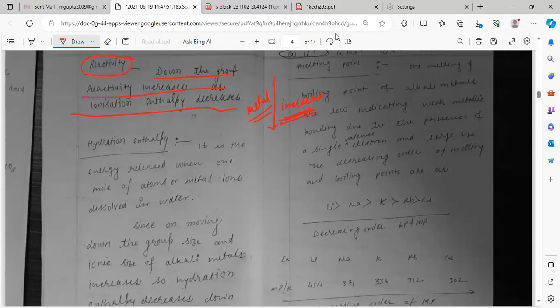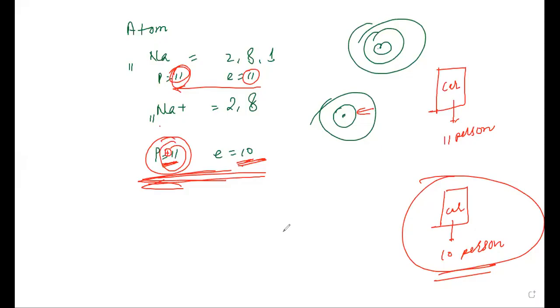Reason, can you tell me? Reactivity increases, sir, because the shielding effect is more, so they are more readily trying to give up the electron, so they will be more reactive. Correct.